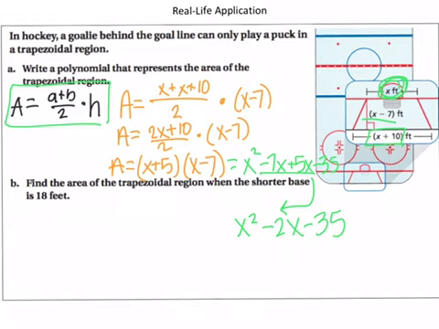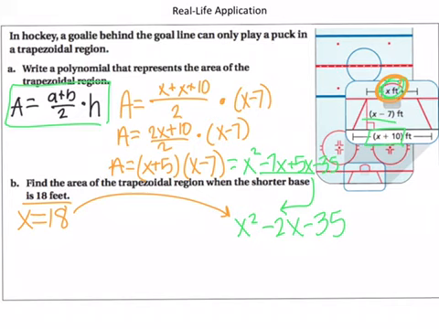Now we're going to use this because it says for B, find the area of the trapezoidal region when the shorter base is 18 feet. So what we're doing is, if the shorter base is 18 feet, that means x equals 18 feet, which also means all we have to do is plug in 18 for x in this whole scenario.